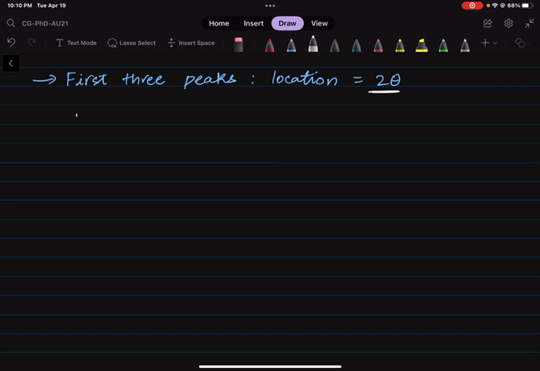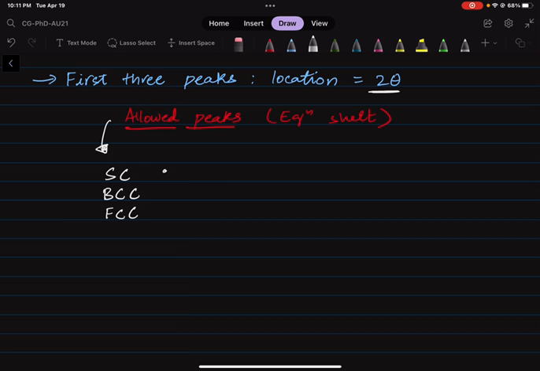Alright, so one thing that you guys need to know is the allowed peaks. And this is given to you in your equation sheet. Right, so let's look at what this looks like. You have simple cube, you have body centered cube, and then you have FCC.